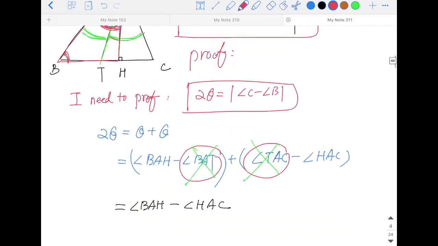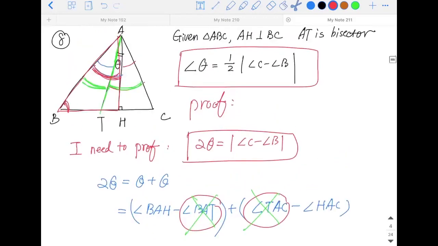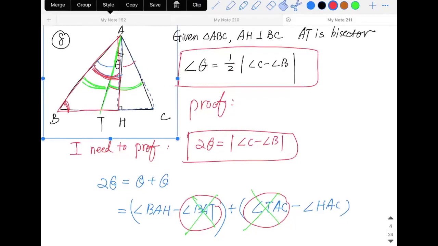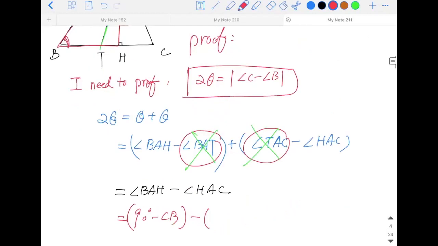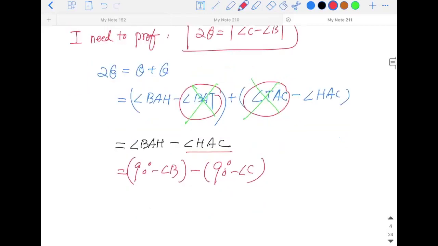So I'm going to put in 90 degrees minus B. Minus, what about HAC? HAC is the same thing. They basically stay in this small triangle. So HAC will equal 90 degrees minus C. If you open the bracket, you're going to have angle C minus angle B, right?